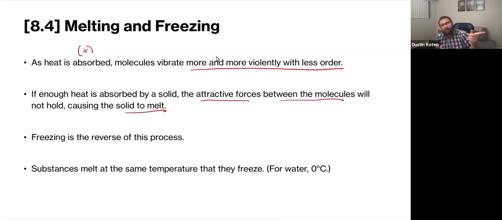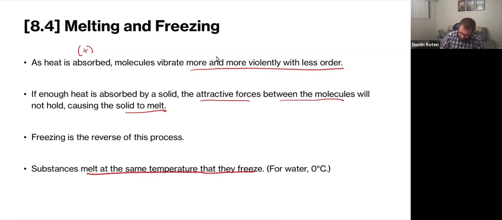Obviously, freezing goes the other way. You start with a liquid goop and then you turn it into a solid. And substances, when they melt or freeze, that's always the same temperature. So they melt and freeze at the same temperature.